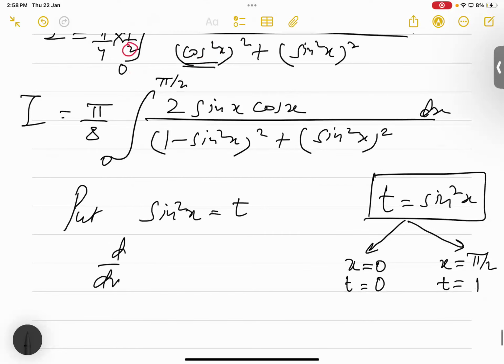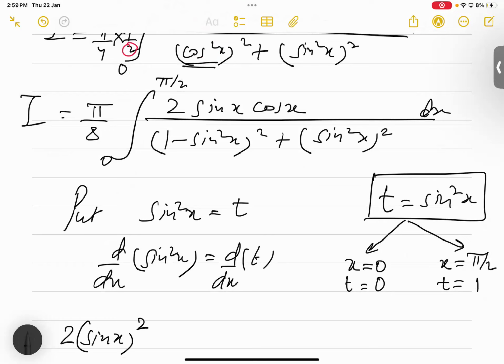d by dx of sin square x. What is d by dx of sin square x? First x raised to n will come: n into x raised to n minus 1, d by dx of sin x.